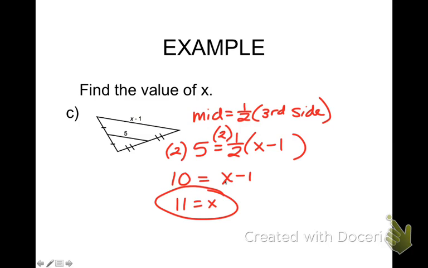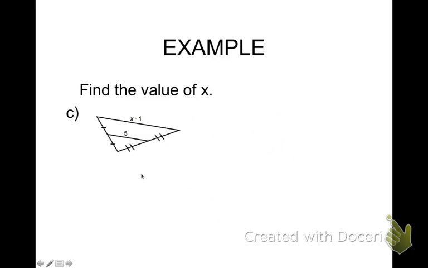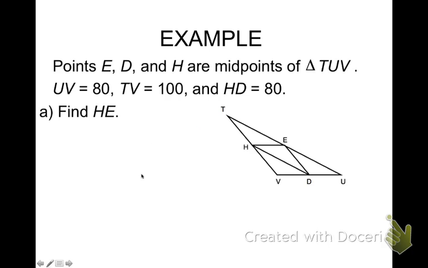All right, questions with that? All right, let's go to this last example here. I am told that points E, D, and H are midpoints. So if a point's a midpoint, then what? Think about your if-then statements. Then two congruent segments.